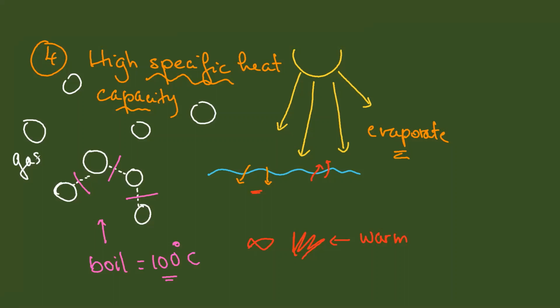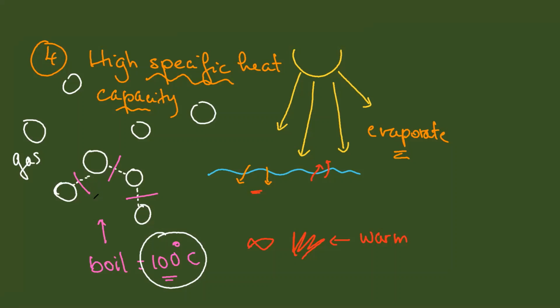It means that if I want to change water in a liquid form into water vapor, I have to boil it to 100 degrees Celsius. This is a very high temperature. You know that other liquids evaporate at a much lower temperature because there are no hydrogen bonds holding them.